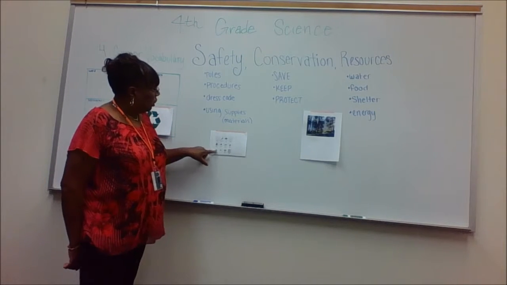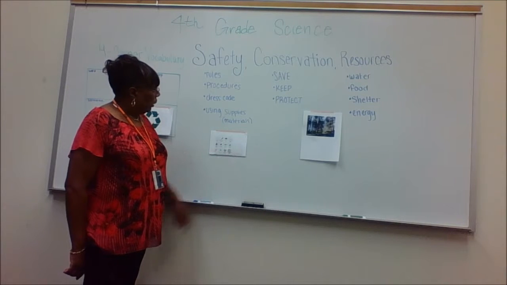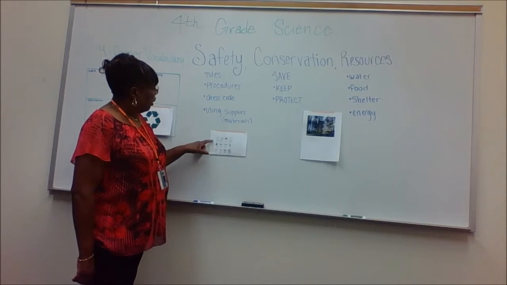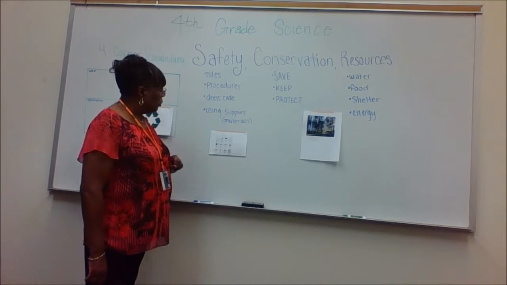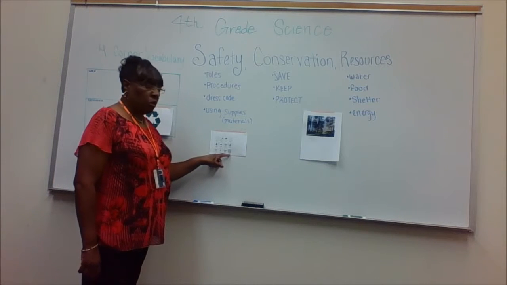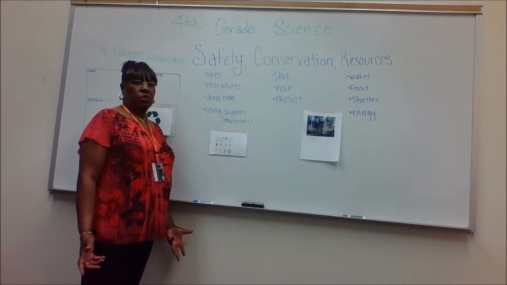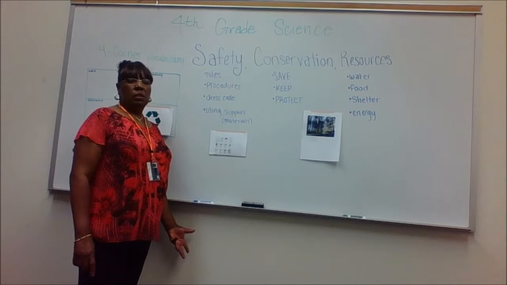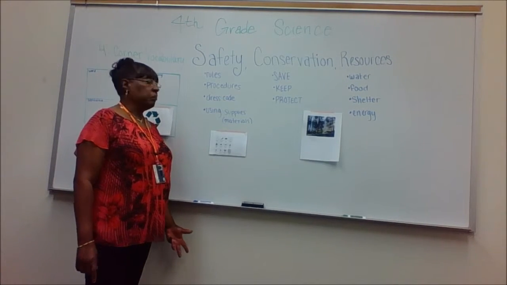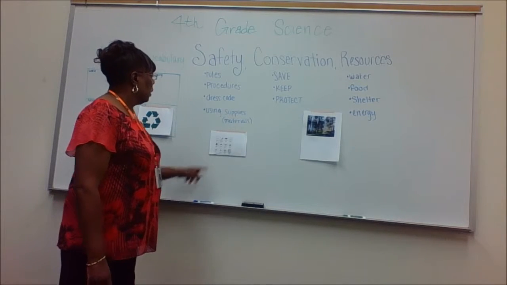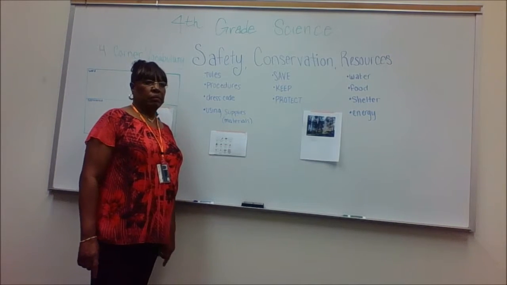Here is a list of safety guidelines. For instance, we have animal hazard. We have explosive hazard. What does that mean? It can blow up. All right, then we have glassware hazard.